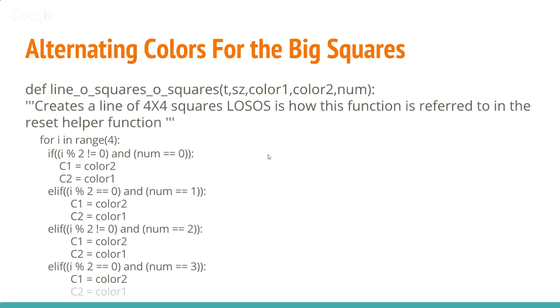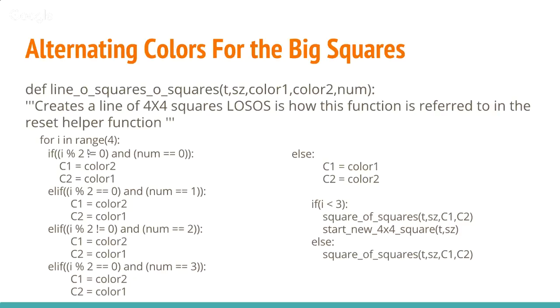Now, coming through here, I set up a for I in range of 4. And also, I just want to quickly call out here, as part of the parameters of line of squares is a num. That is actually being fed in by the main function, and that is actually the I in that for loop for the main function.